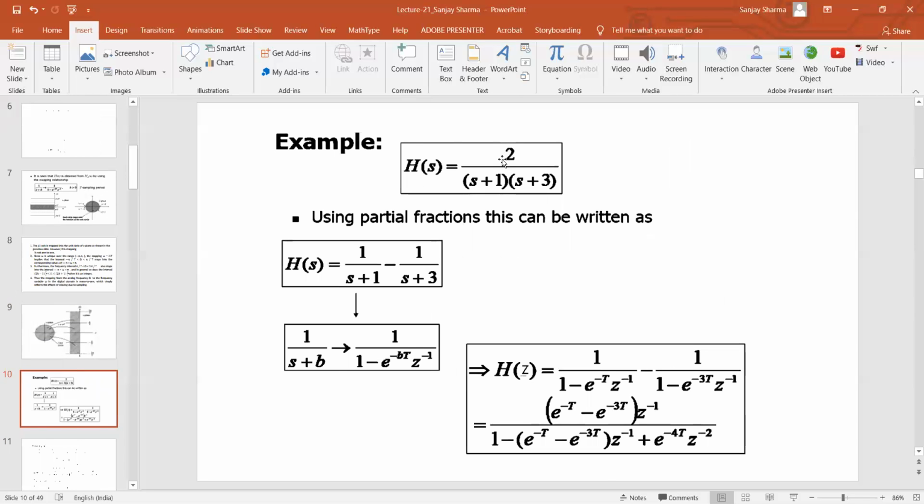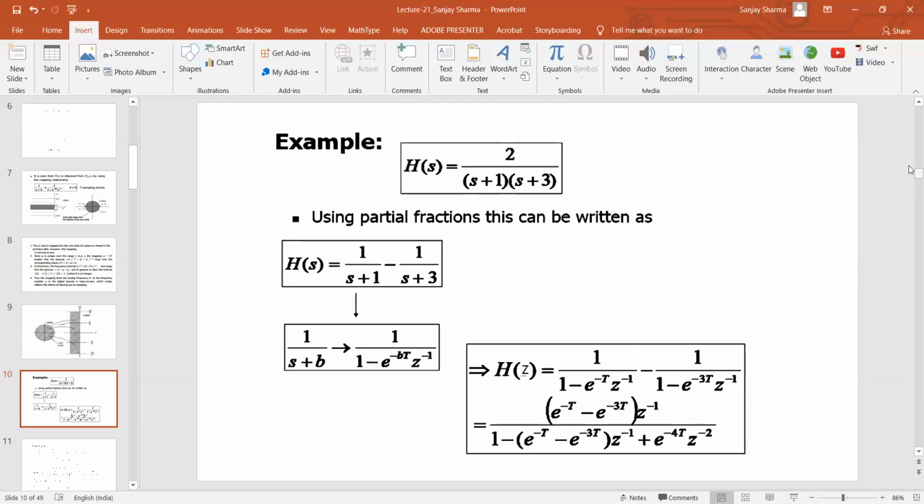Now, let us take an example of converting an analog filter to a digital filter using the impulse invariant method. H(s), the system function of the analog filter, is 2 by (s plus 1)(s plus 3). By using partial fractions, I can convert it into 1 over s plus 1 minus 1 over s plus 3.